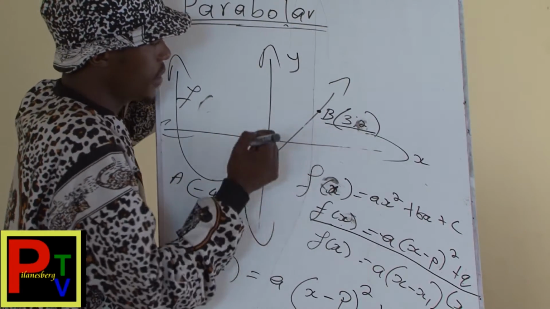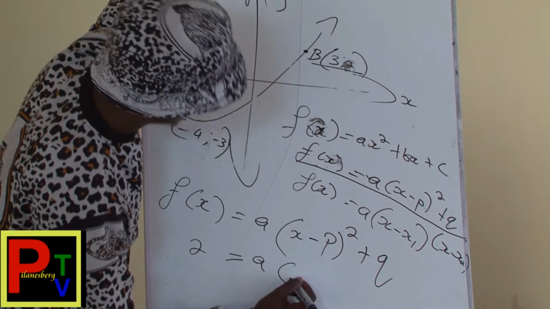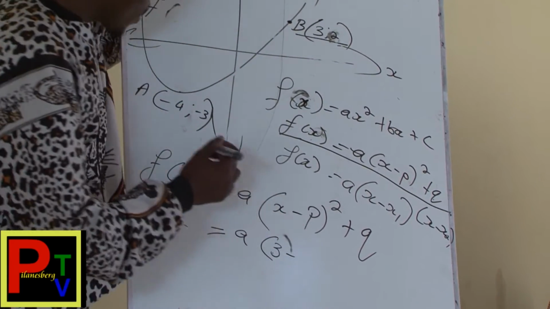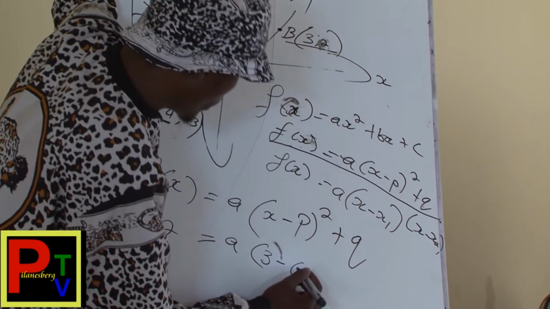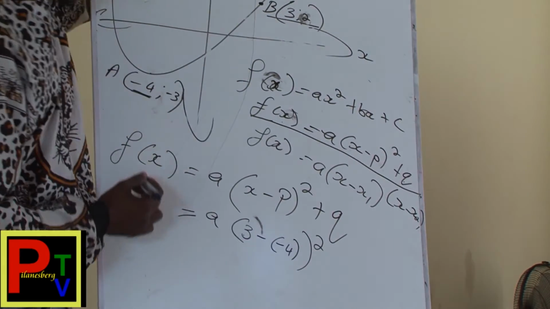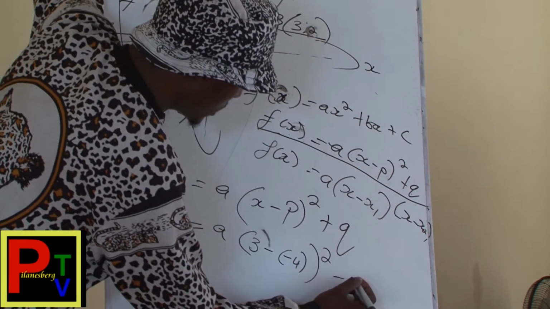Here it is, our B. The y value is 2. Our x value is 3. Minus our p, we set the x value of the turning point, which is -4. Whenever I substitute, use brackets. Square. Then our q is the y value at the turning point, which is -3.